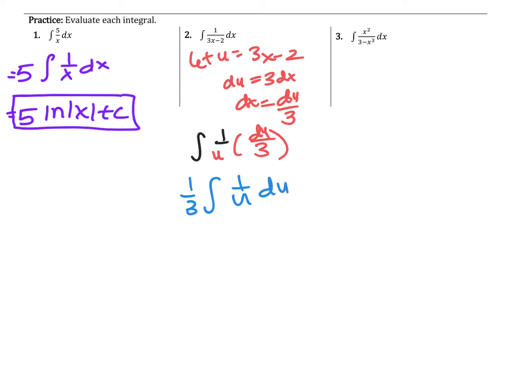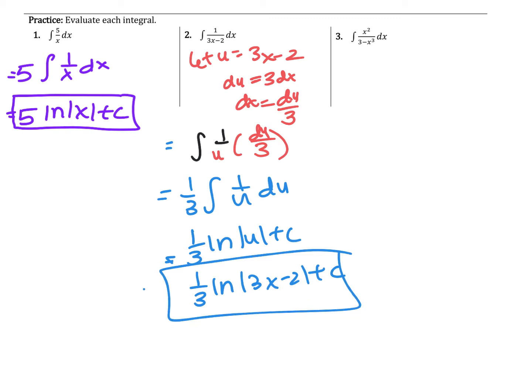And now I can actually evaluate this integral, 1/3 of natural log of the absolute value of u, I'm getting ahead of myself here, plus c. And now I can plug back in what u was, 3x minus 2, to get to my final answer. This integral is going to equal 1/3 times natural log of the absolute value of 3x minus 2 plus c.